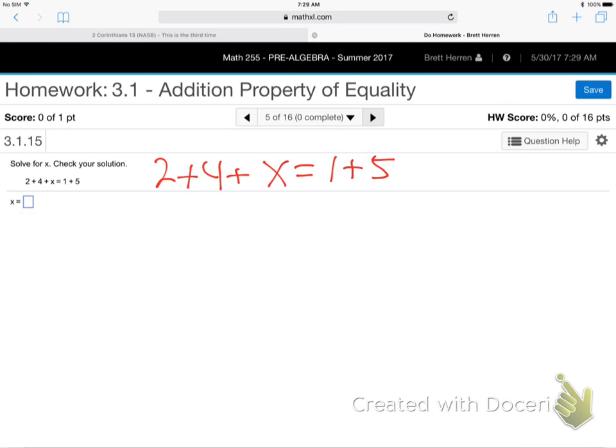So we can just add the things, like 2 and 4 make 6 and 1 and 5 make 6. Do that first. Here's the wall.